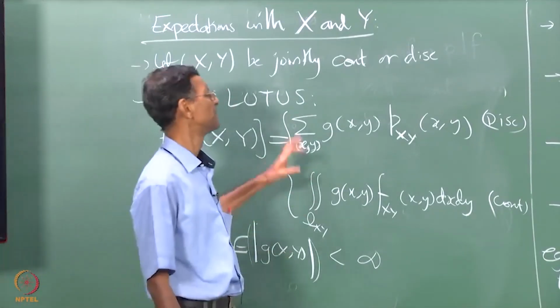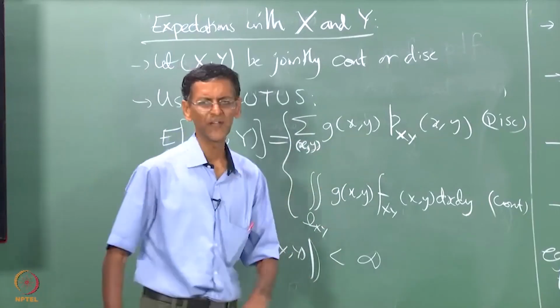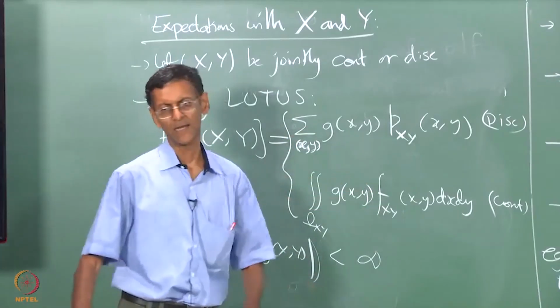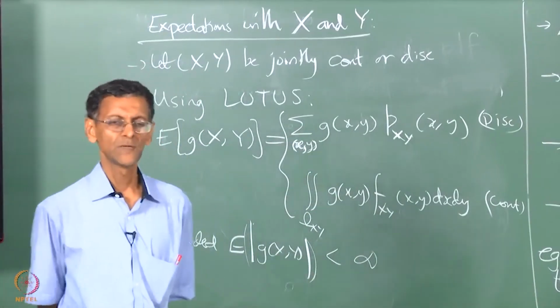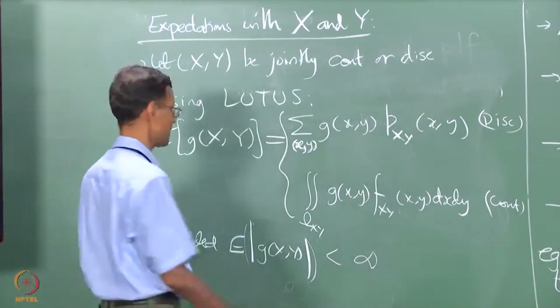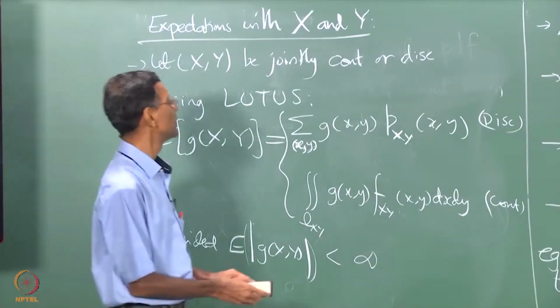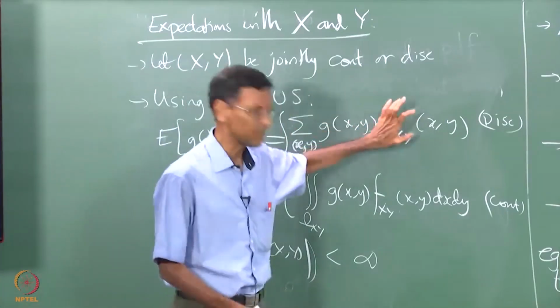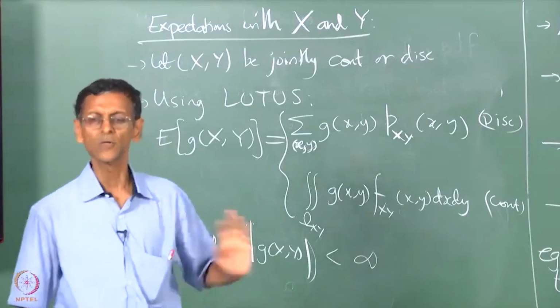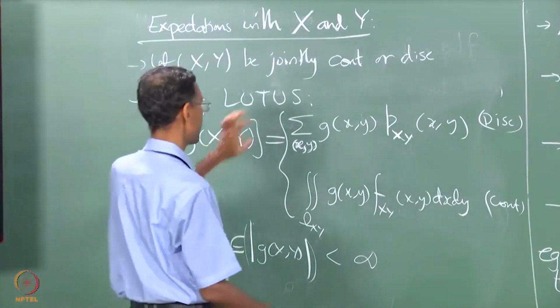Of course there are some other random variable pairs for which this is not the most general formulation, but for more general formulations we need to use some crazy notation which we have not introduced at all. So as of now we have only stuck to either jointly discrete or jointly continuous. So we only give the results for these two cases.